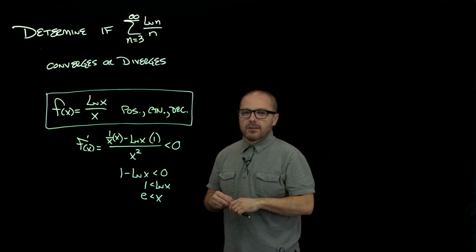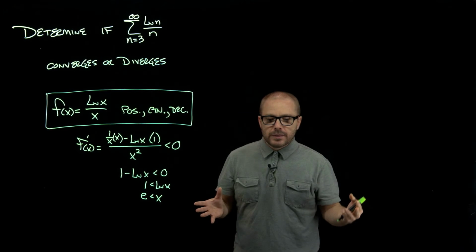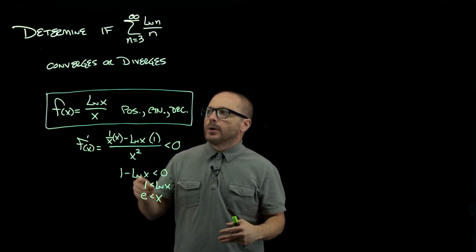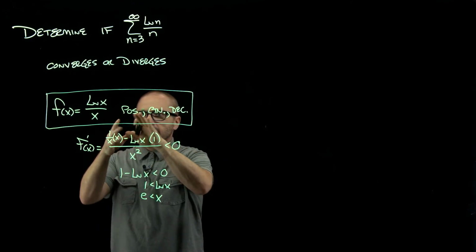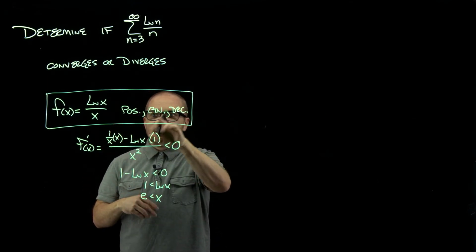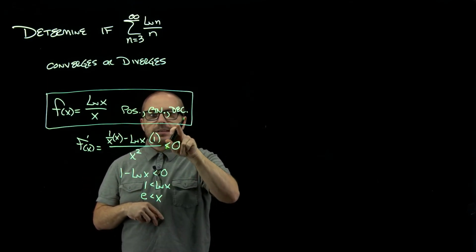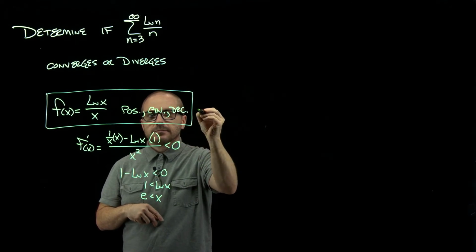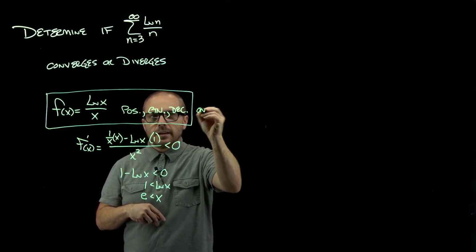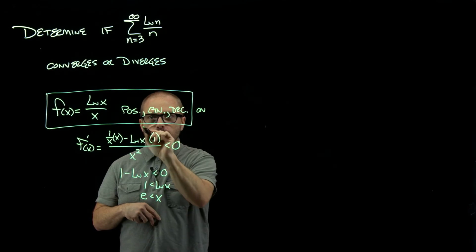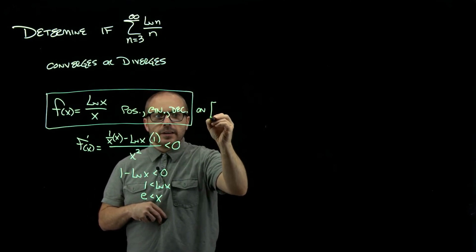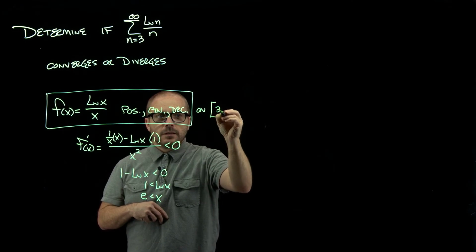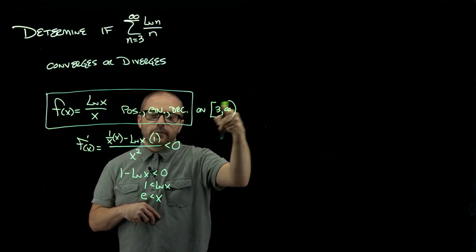Now that says we can proceed with the integral test. So what I need to do is take the improper integral, and let me add on here, just so we're clear, positive, continuous, and decreasing. Add this in there as well, because this isn't always true. It's where we're interested, on the interval from 3 to infinity.